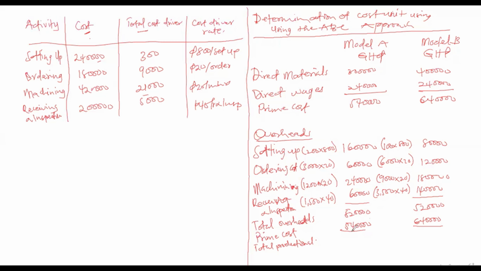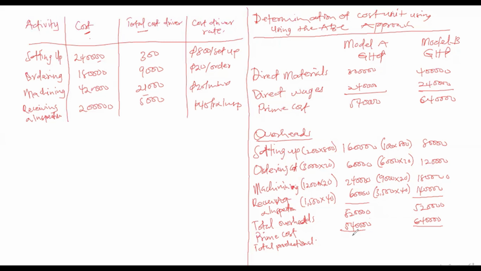So if the prime cost is in total and the total overhead is also in total, then I can add and get my total production cost. Then I can divide by the units to get my cost per unit.